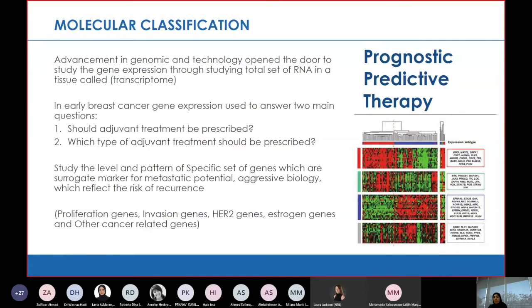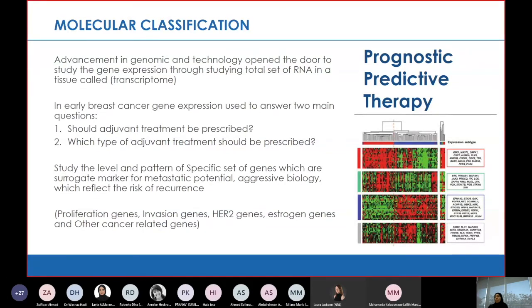If the risk of recurrence is high, then the patient might benefit from chemotherapy. The set of genes studied involve proliferation genes, invasion, HER2 genes, estrogen, and other cancer-related genes. By looking into the level and pattern of expression, they could answer this.